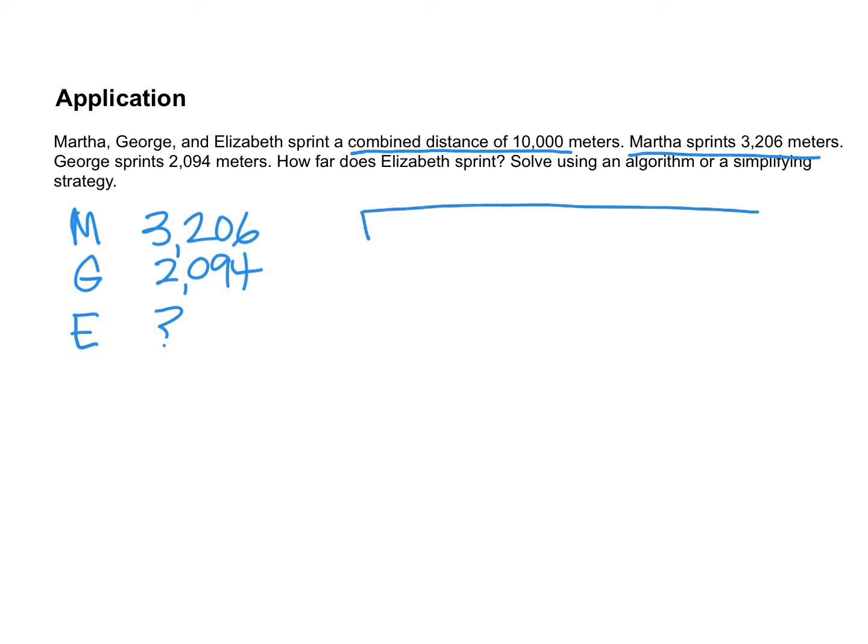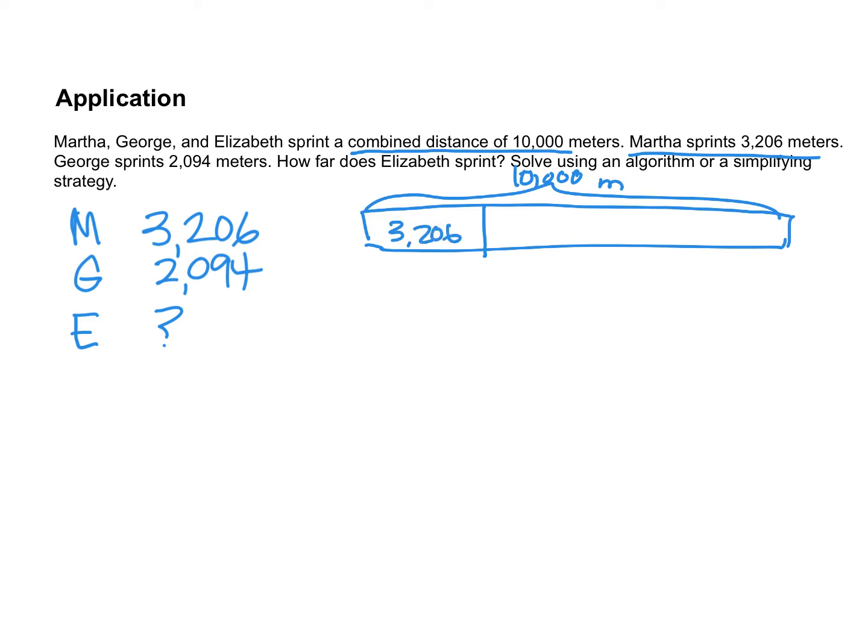We could draw our diagram like this. We know that our total was 10,000 meters, right? We know that Martha did 3,206. We know that George did 2,094. And then we have this unknown part that we have to figure out.